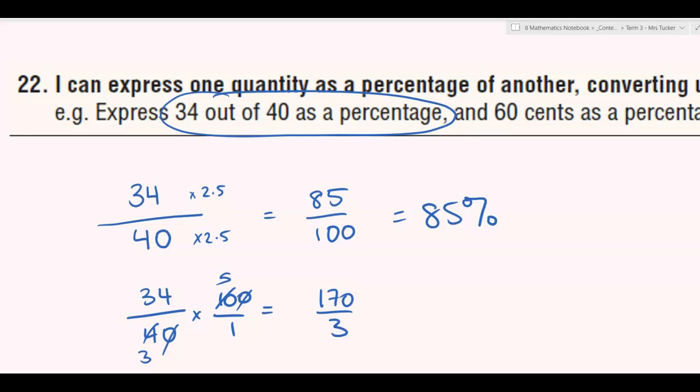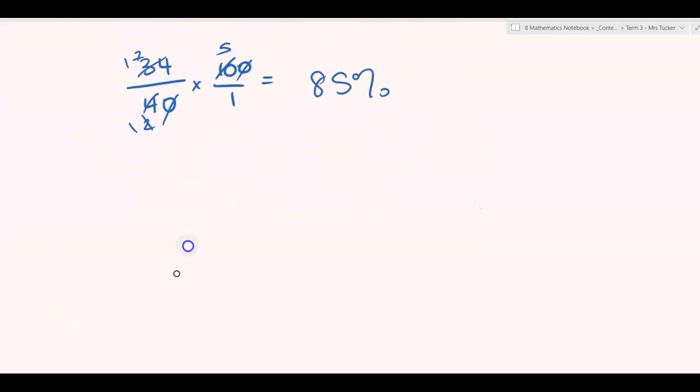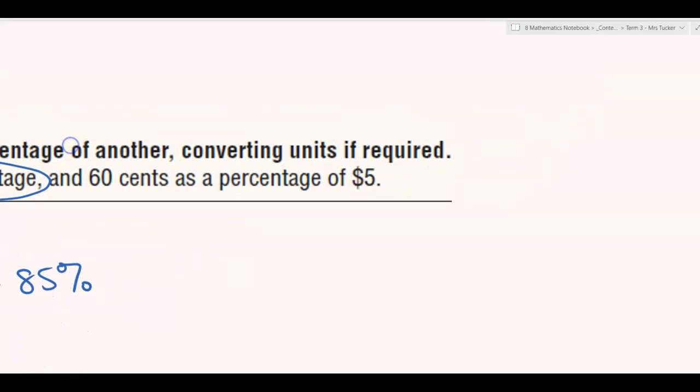All right, next one. We won't do this one, but if you had to, 60 cents as a percentage out of $5, what do you need to do? Same units, good. So you would need to make that like 0.6 out of 5 or 60 out of 500.